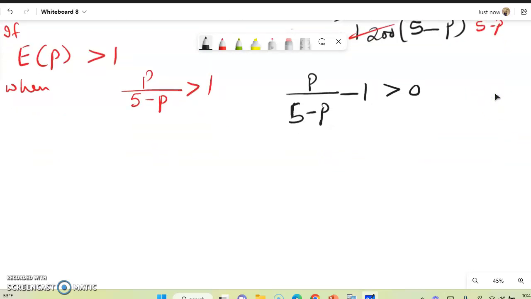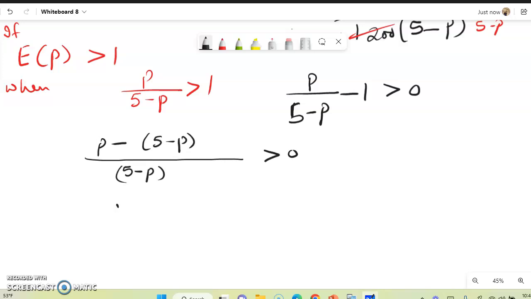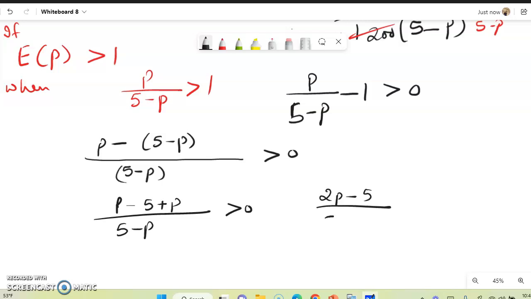So I'm going to leave the question behind for a minute and try to solve this inequality. I have to solve this rational subtraction first. P minus, I have to multiply here, that is p minus 5 plus p, divided by 5 minus p, more than 0. That will look like 2p minus 5 divided by 5 minus p positive.